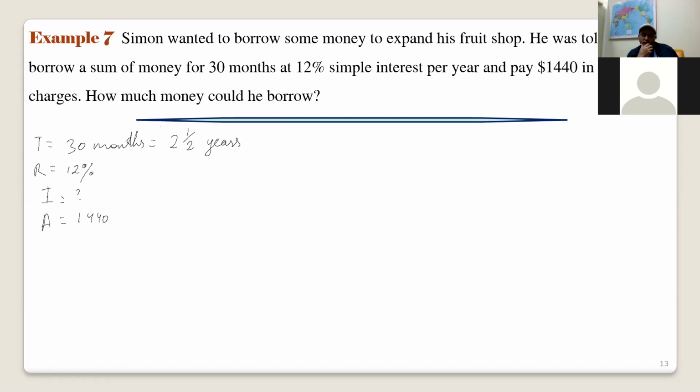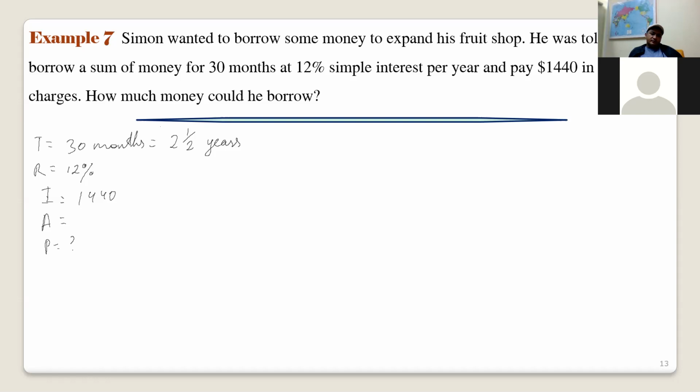Now, how much money could he borrow? That's P, the principal. Interest is given, 1,440 in interest. The I is given. So we need to find P, the principal. How do we do that?